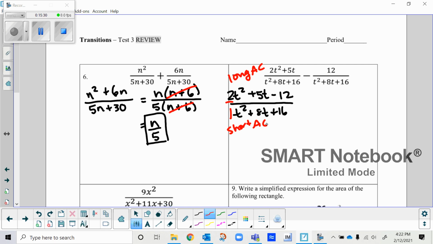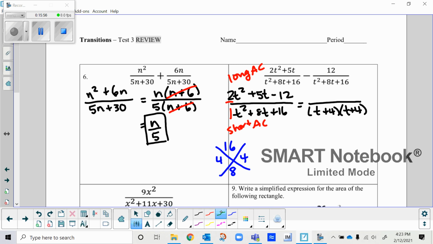So let's start with the bottom. What multiplies to AC? AC is 1 times 16 and adds to B, which is 8, is 4 and 4. So the denominator factors into t plus 4, t plus 4.